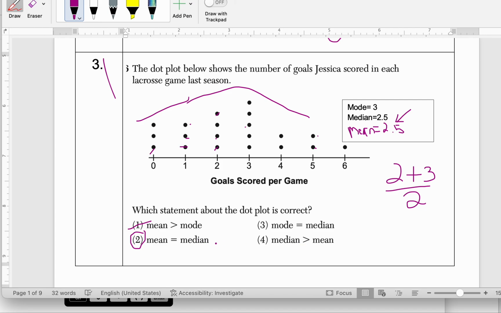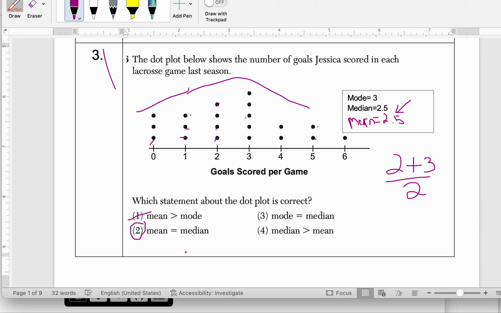It's equal to the mean. So your answer is 2. Okay. If you are not sure about that, you might want to review the dot plots and the spread of distribution.